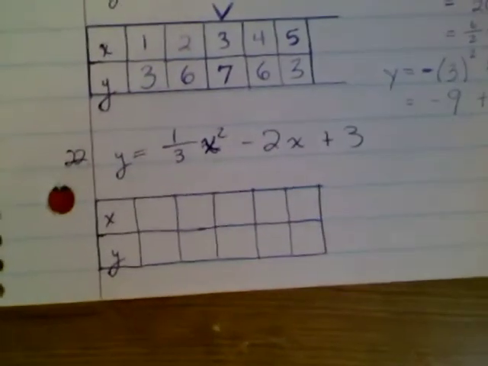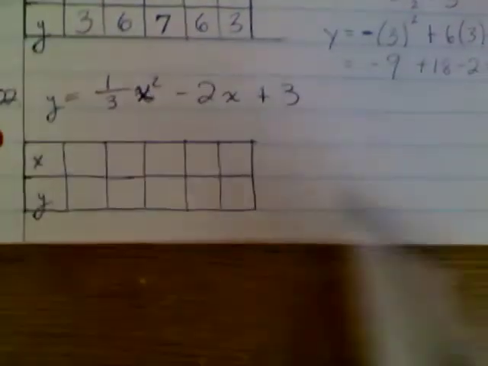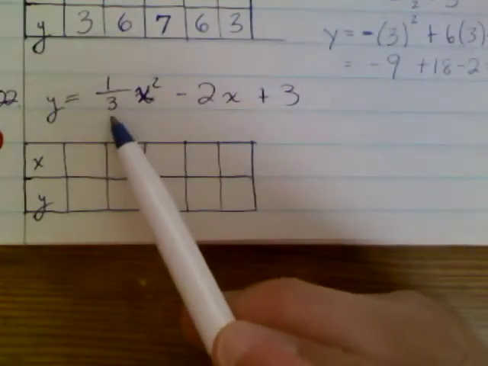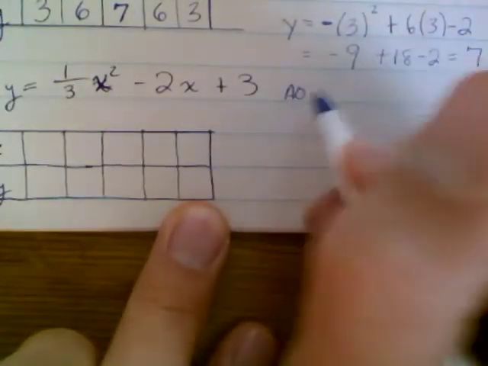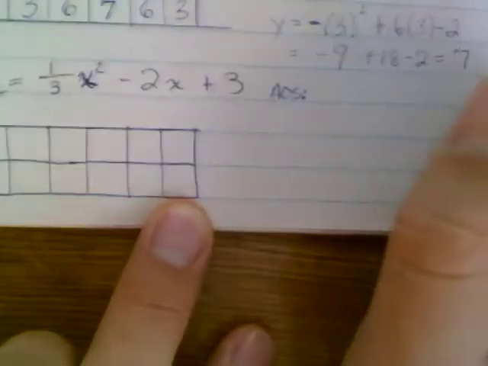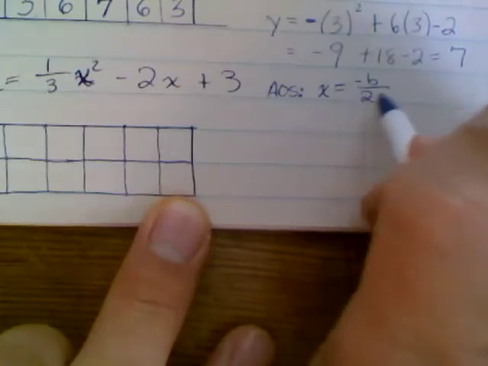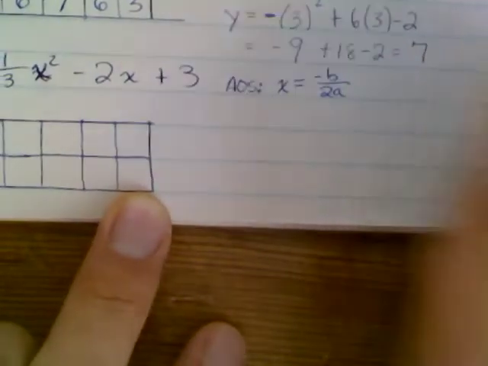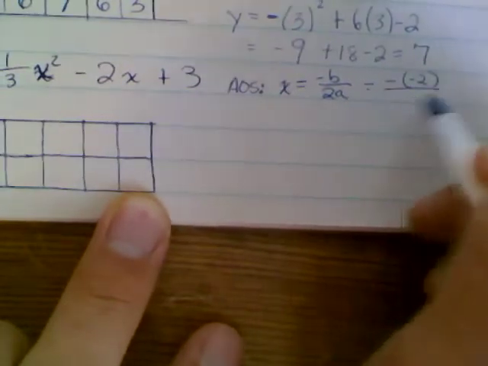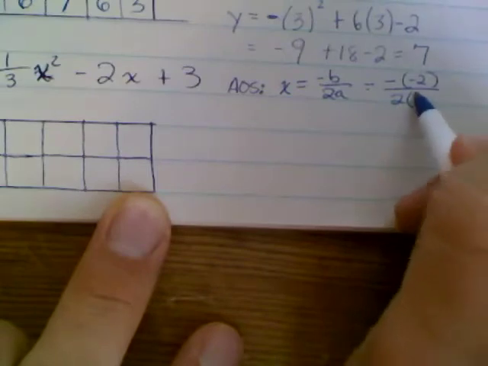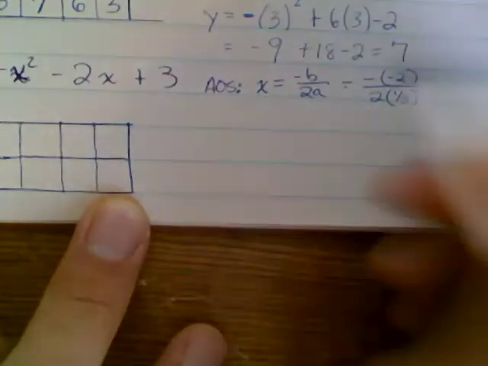Okay, so number 22. Same kind of question, a little bit more difficult because there's a fraction in front here. So let's just approach it the same way and see if it's indeed too hard to do. I doubt it is, though. x equals negative b over 2a. So, negative negative 2 over 2 times 1/3. Wow, that is an ugly number.